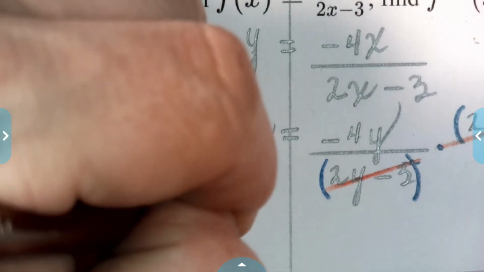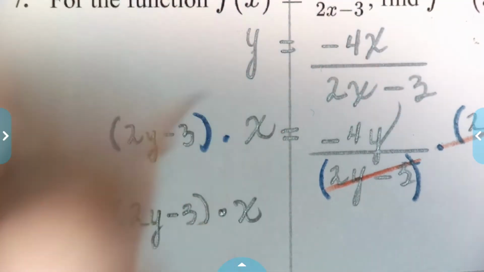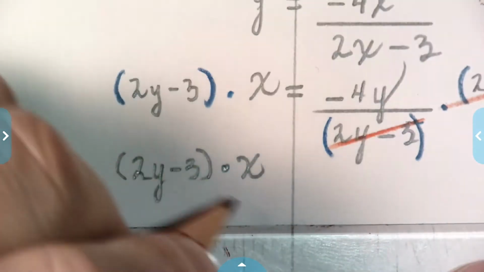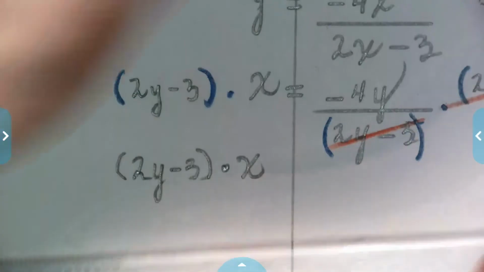I'm going to keep that multiplication symbol there to show that I can't just ditch the x. I'd have to divide out the x to get rid of it. So now I've got equals negative 4y.